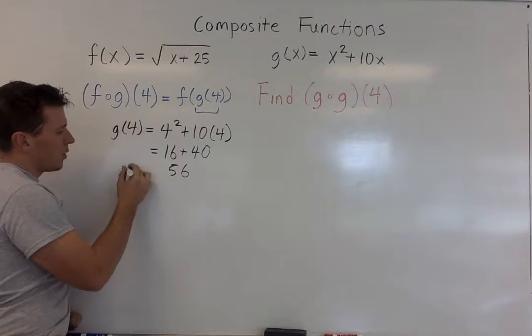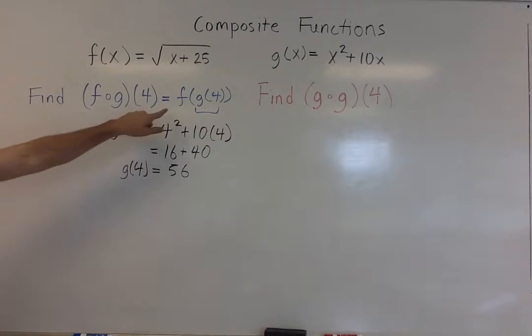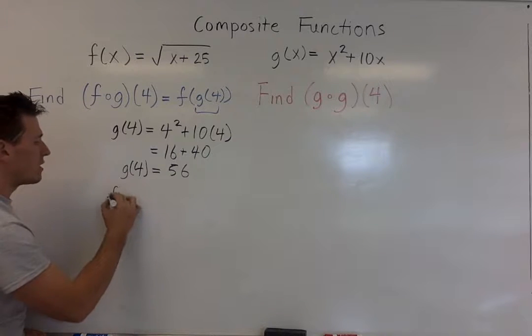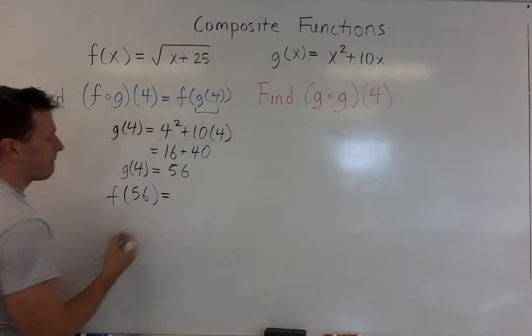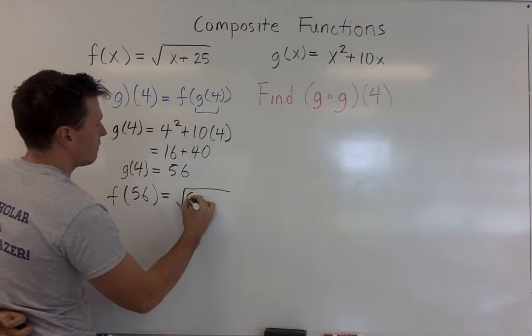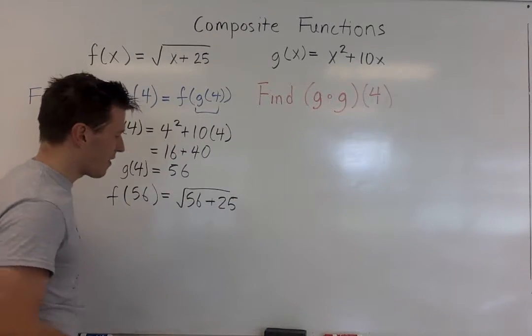Cool. So if g of 4 is 56, and I want to find f of g of 4, then what I'm really looking for is just f of 56. And so I'll plug 56 into this function right here, and I get 56 plus 25. I haven't done this math in advance.